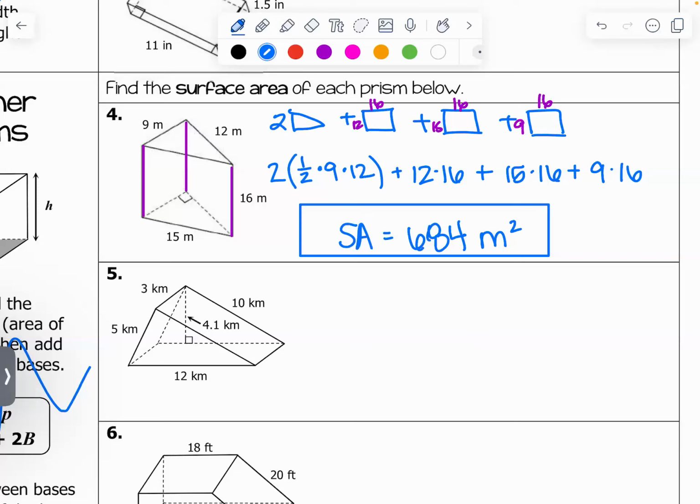How's it not right? Did you get it? Yeah, I got that. That's 130.2.